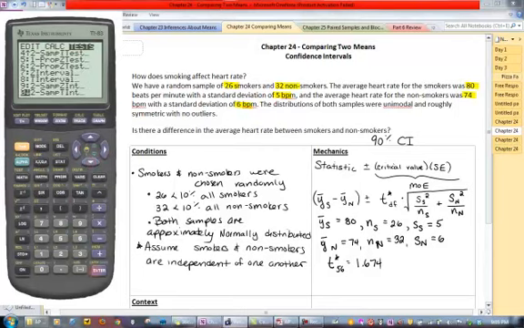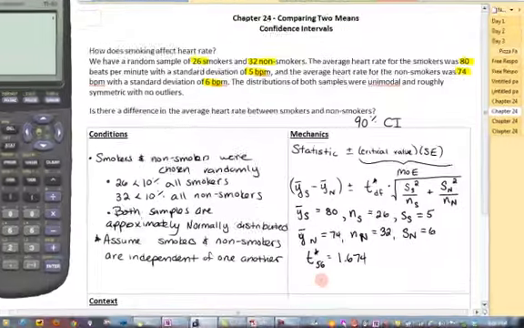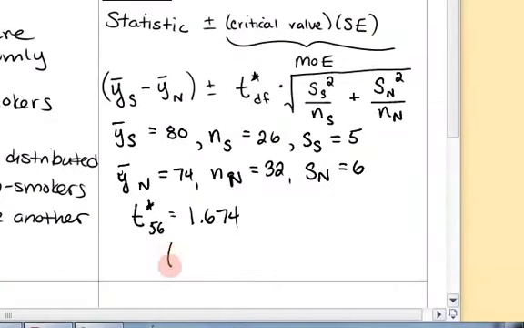And again, we're not pooling. We're never pooling for comparing two means, only when we compare two proportions. I'm going to say calculate. And we end up with a difference of 3.584 to 8.416.